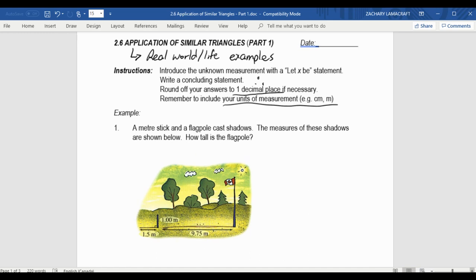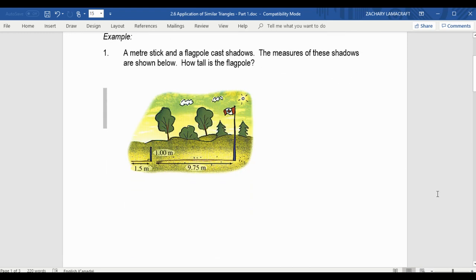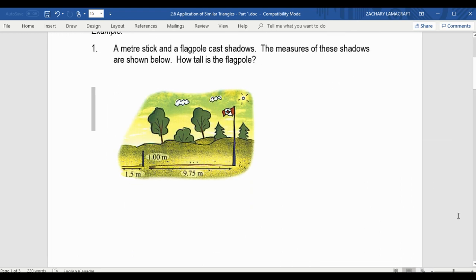So I'm just going to zoom in a little bit here just to make this picture a little bit better. The example is a meter stick, which is right here on the left-hand side. That meter stick is like I grabbed a meter stick and put it into the ground. It's a meter tall. And it says a meter stick and a flagpole, which is right here, cast a shadow. Like if I was standing up on a sunny day, you'd see my shadow.